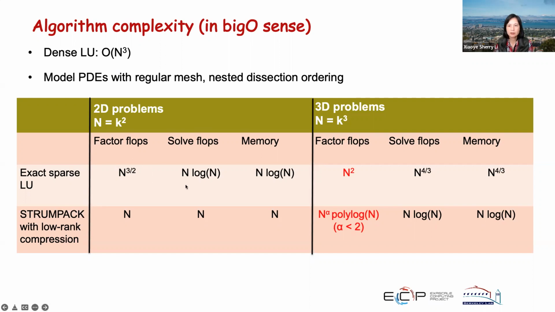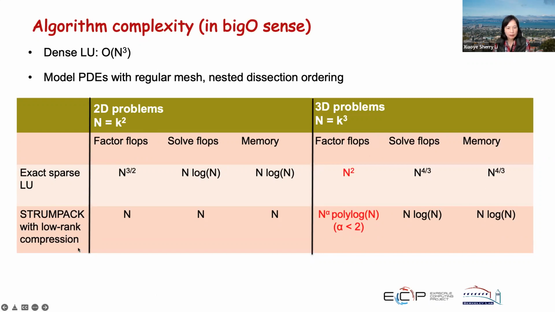In the sparse case, it depends on how you organize things, what ordering you are using. So in 2D, for this regular mesh, you can prove that nested dissection ordering achieves optimality. But even with optimal nested dissection ordering, if you do exact LU in the 3D problem, you will get n² operations, and the solve flops is better, but the memory is n to the 4/3.